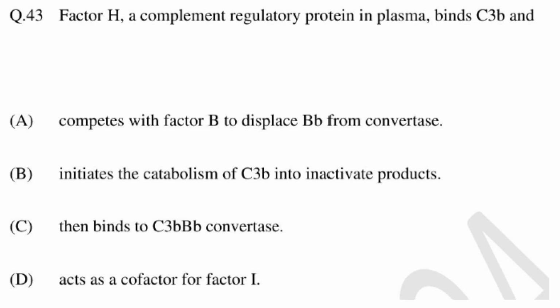Then factor H, a complement regulatory protein in the plasma, binds C3b and competes with factor B to displace capital B, small b from convertase. That's correct. Initiates the catabolism of C3b into inactive products. That's not correct. Then binds to C3bBb convertase. That is correct.